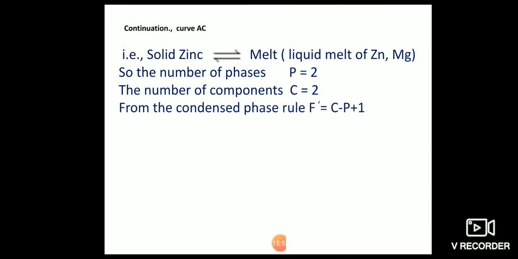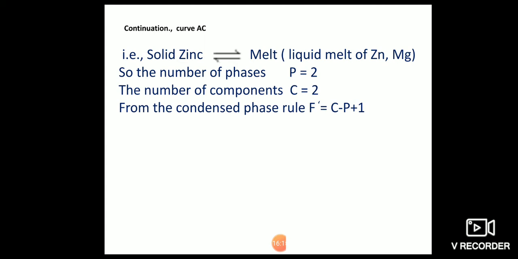From the condensed phase rule, F dash is equal to C minus P plus 1. Yes, we are here using the condensed phase rule where the vapor state is absent. The original phase rule is F is equal to C minus P plus 2. Here the vapor phase is absent, only liquid phase and solid phase are present.